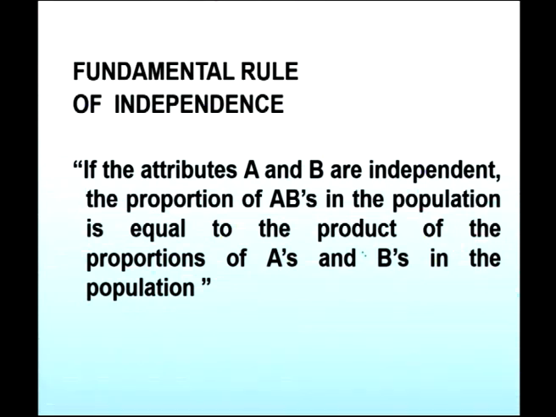That is, class frequency AB divided by N is equal to (A) by N into (B) by N. (A) by N represents the proportion of A in the population, and (B) by N represents the proportion of B in the population.